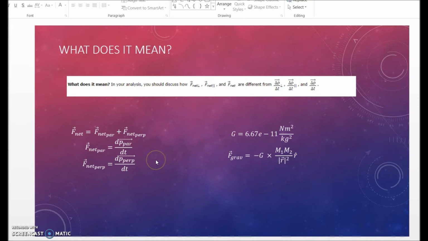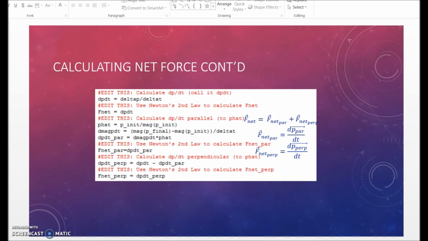But the difference is that the net force affects the star's motion, while dp over dt doesn't. dp over dt only shows how the star is moving. And F net can be calculated just by simply using the F-grav formula, but dp over dt needs more calculations that I showed right here and talked about.